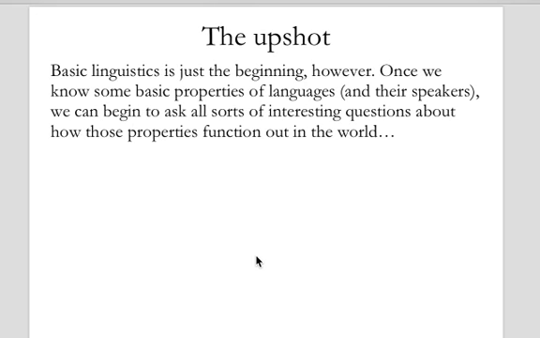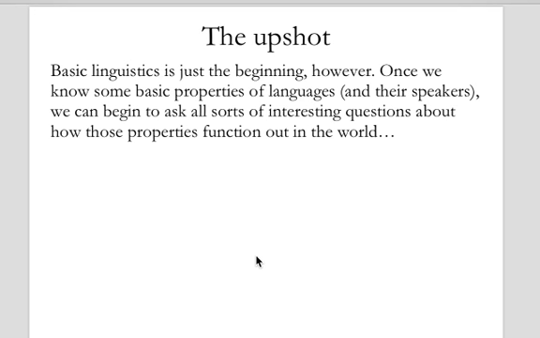So that's what I'm calling basic linguistics, but that's really just the beginning of what linguists do, because once we know some basic properties of languages and their speakers, then we can begin to ask all sorts of interesting questions about how those properties function out there in the world. So how do our linguistic abilities and our linguistic knowledge interact with other aspects of the world, right?